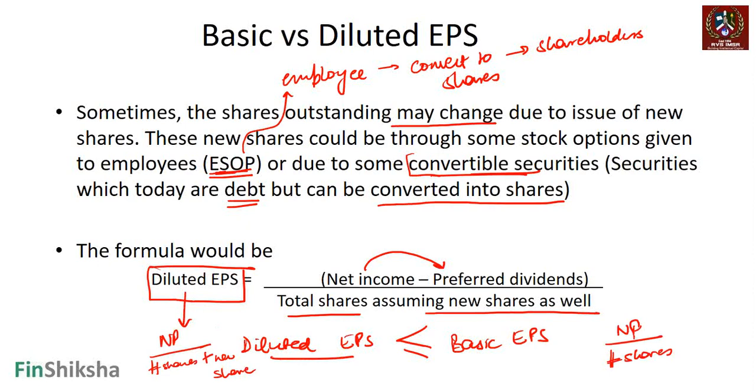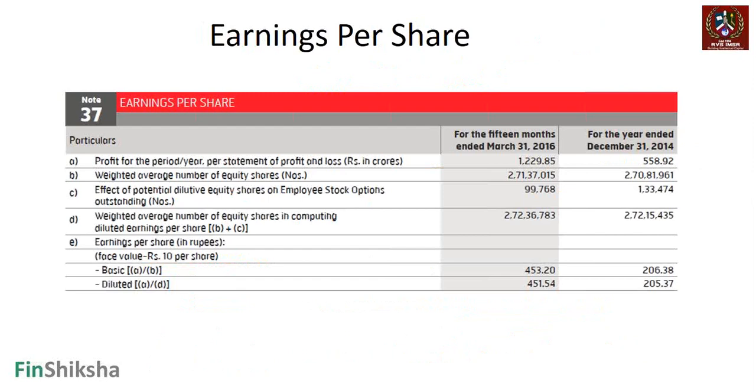And how do you look at net income, preferred dividends, and total shares, assuming new shares as well? Let's take an example. We have a company whose data points are given. So all companies annually will report this, and in their annual reports, you will find these data points. Now, profit for the period is given in rupees crore as 1229.85 crore, right?